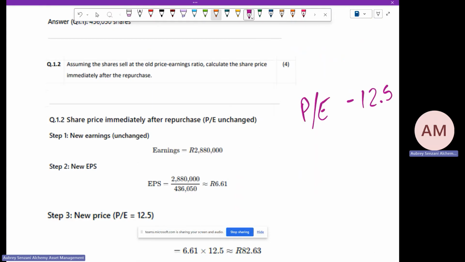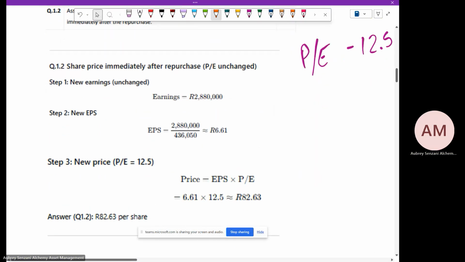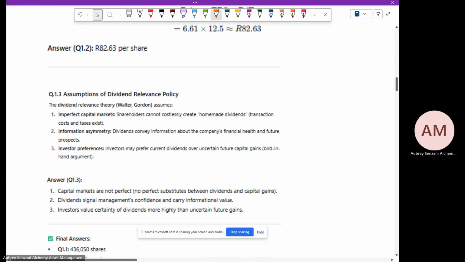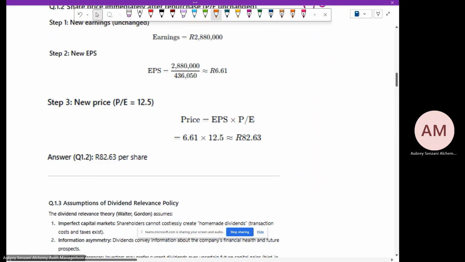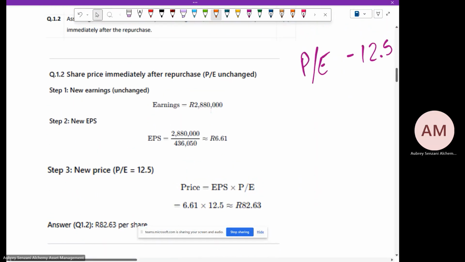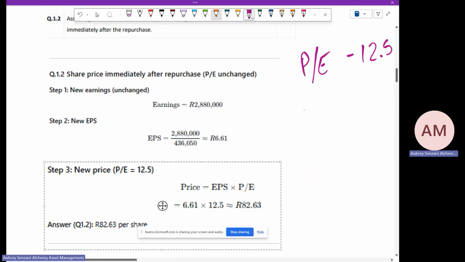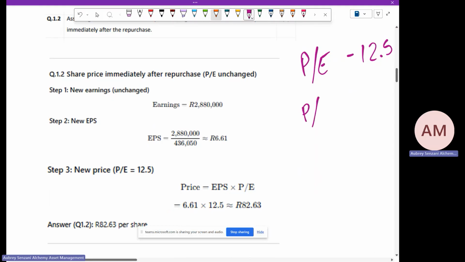What's the formula that we use? Your PE formula is equal to your share price over EPS.